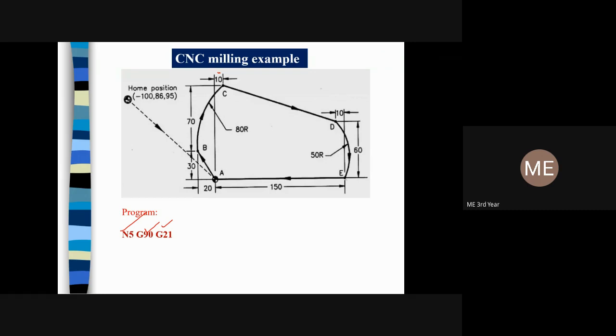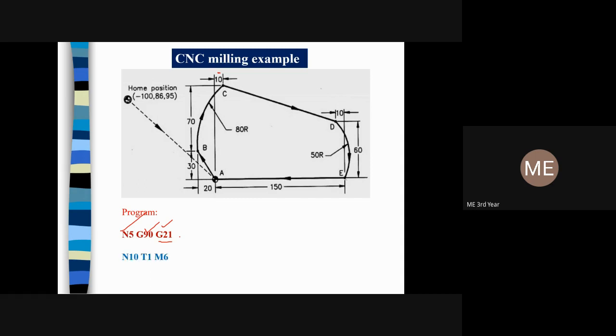Like that, here also you have to mention either G21 or G20. If the dimensions are inch, then it is G20 or G70. G21 is for millimeter, or G71. Some books also write 71, but you will remember only 20 and 21. 20 is for inch, 21 for millimeter.